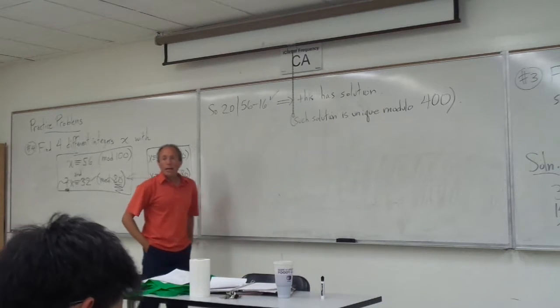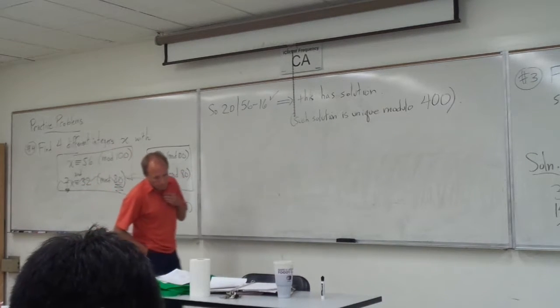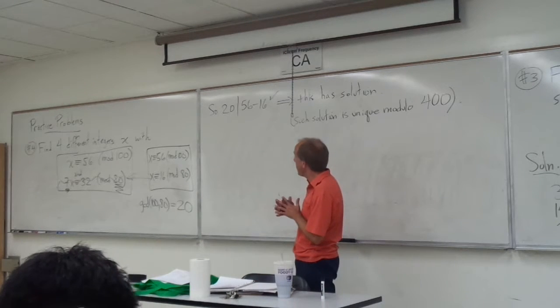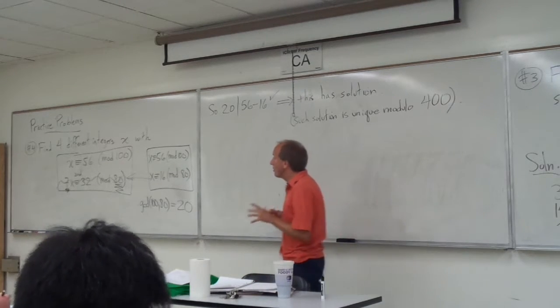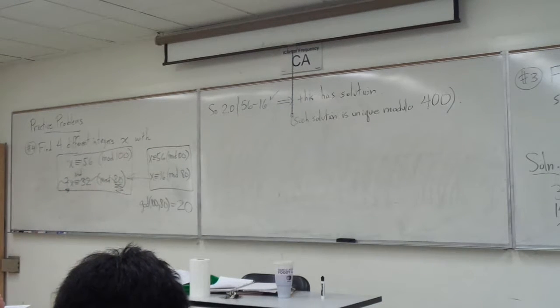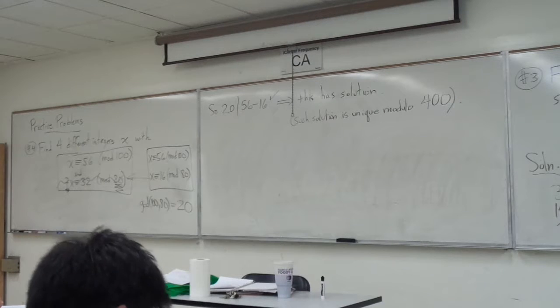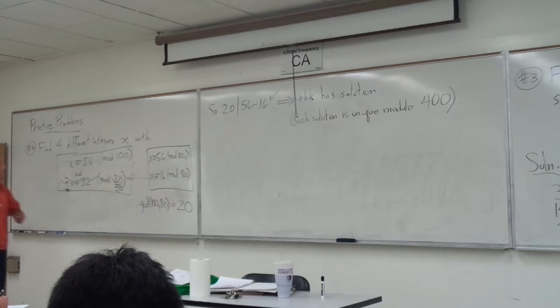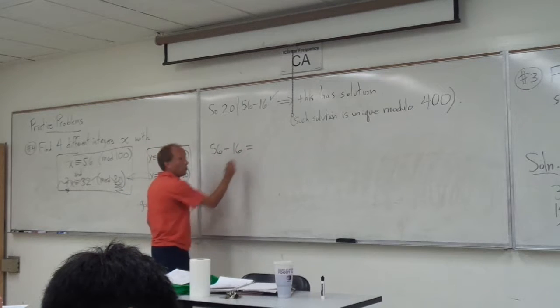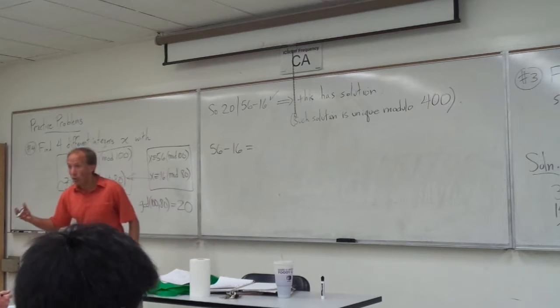So we have that, and we're not going to use the CRT, but what we can do is write A minus B, 56 minus 16, as a multiple of the GCD. So that's really what we need to do. What I'm doing right now, guys, is actually deriving the solution.